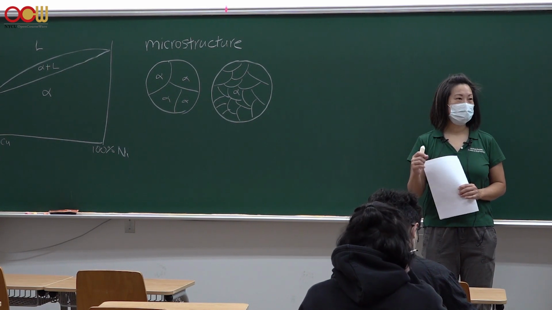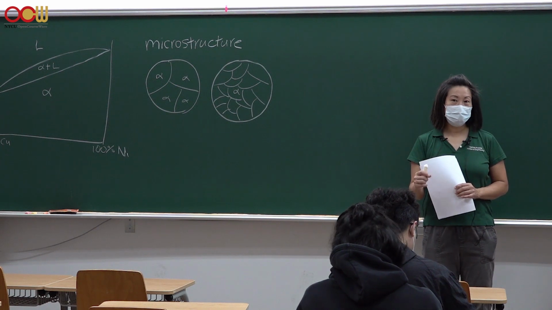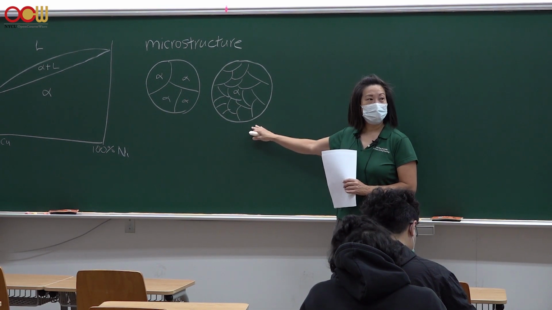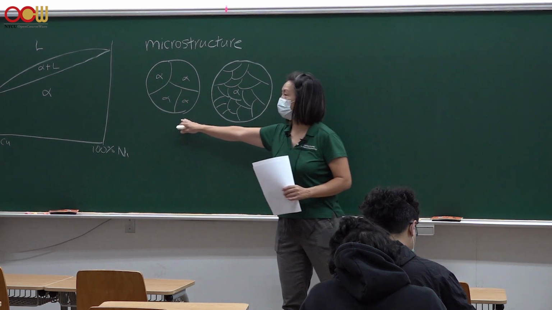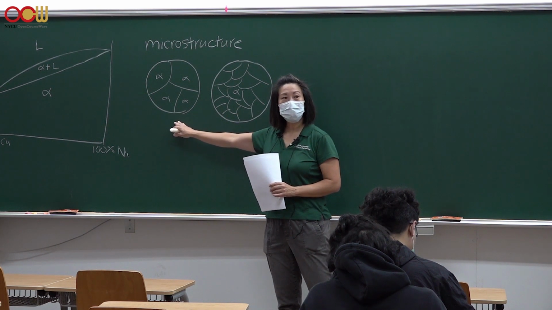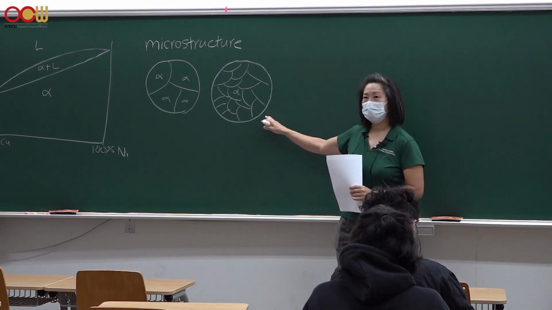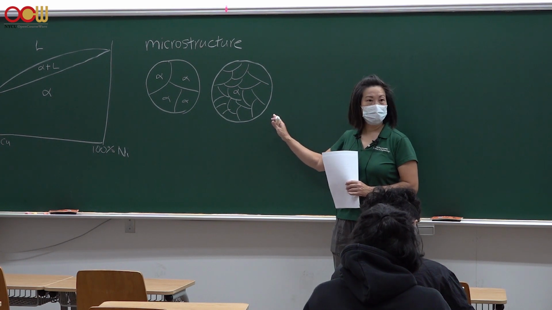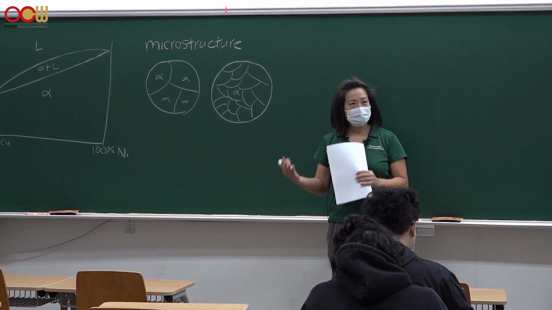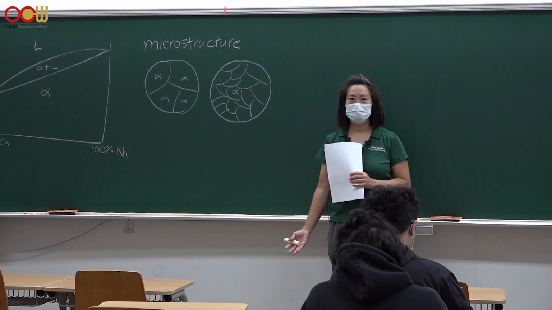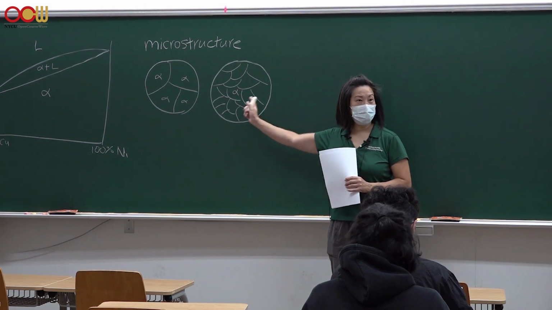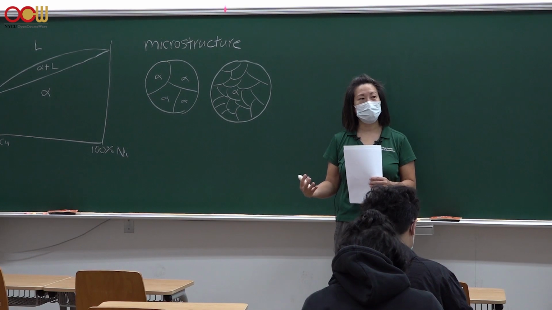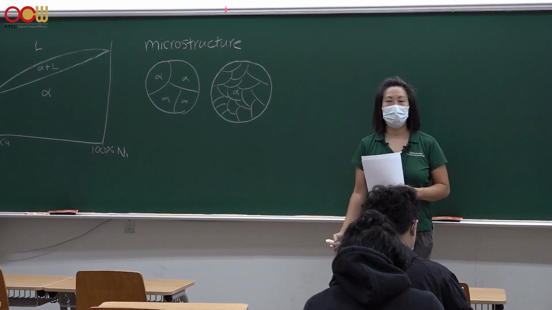So grain boundaries reduce slip, and therefore it is more difficult for slip to occur within something like this versus this. Okay, so this will be a ductile, softer material. This will be harder, higher strength, but more brittle, even though they're at the same temperature and have the same concentration and the same phase, right? They both have just alpha phase. Okay, so the microstructure also plays an important role when you look at material properties.